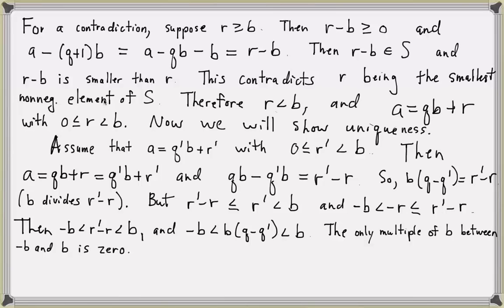Therefore, B times Q minus Q prime has to equal 0.